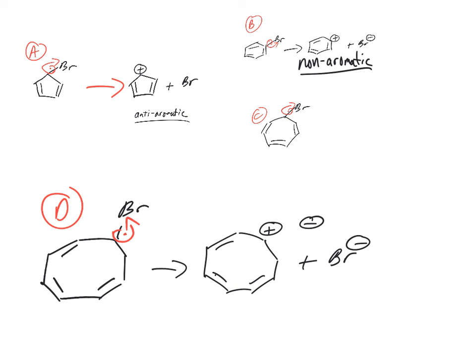And what's wrong with this one? It's not an uninterrupted p orbital system, right? There's an sp3 hybridized carbon there, so it can't be aromatic, right? So this is definitely non-aromatic.